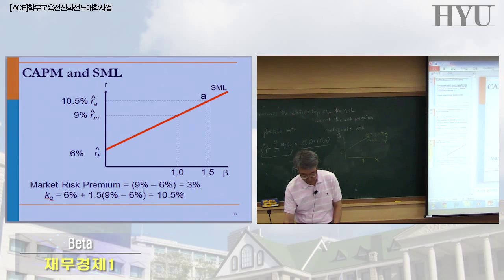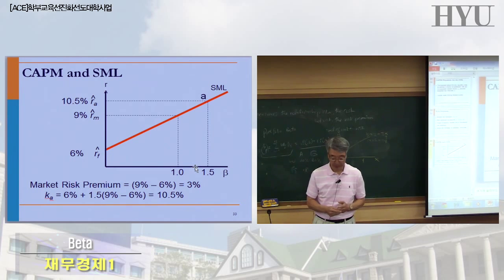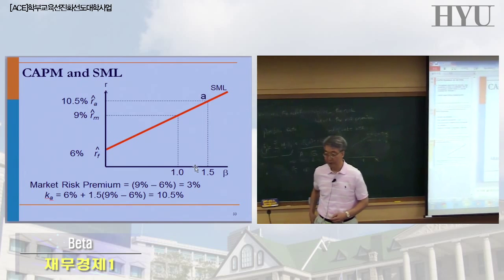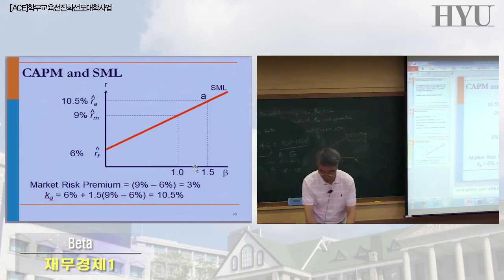You can calculate it this way, and we find out that's 10.5%. And that's how we use the CAPM equation. Questions? Any question from the project?